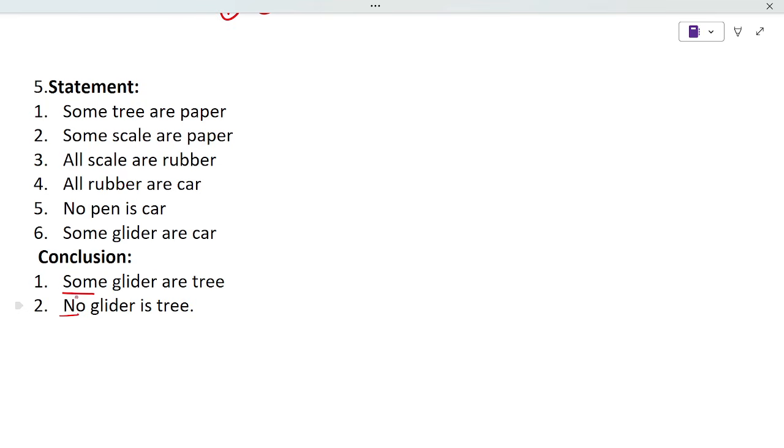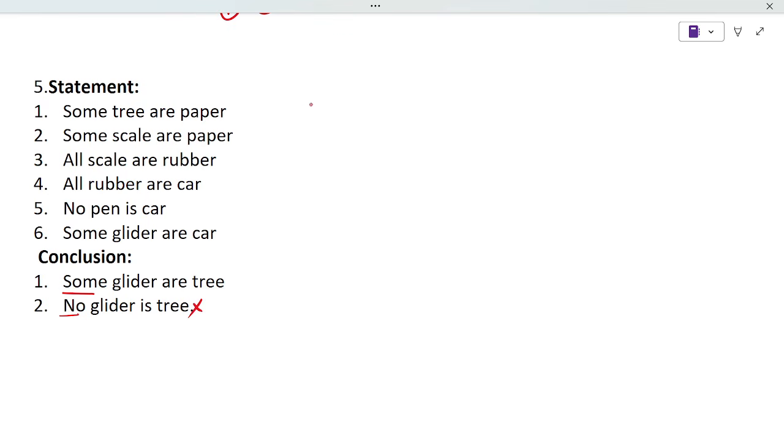Some or no is particular. We used to tick either 1 or 2 follows. Now this changes. Change means the negative word, which is no. Some clear are 3 is a positive word, no clear is 3 is negative. If the negative word is false, we used to tick either 1 or 2 follows as the option.